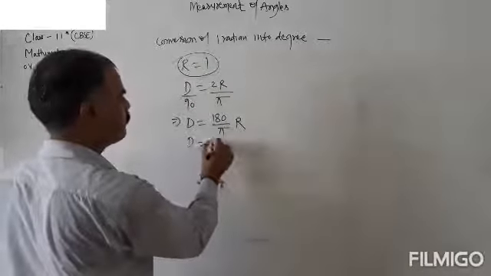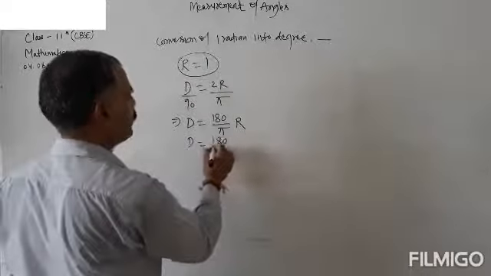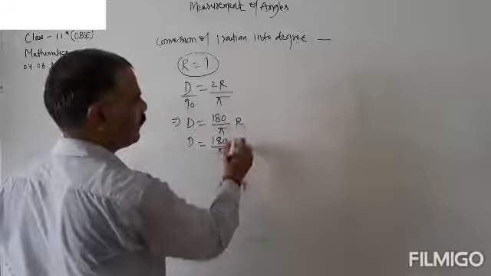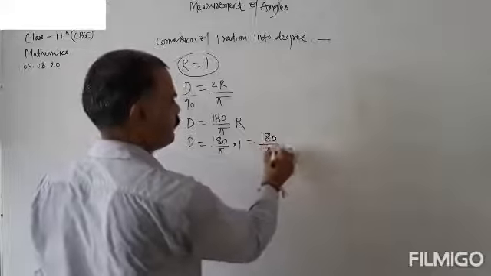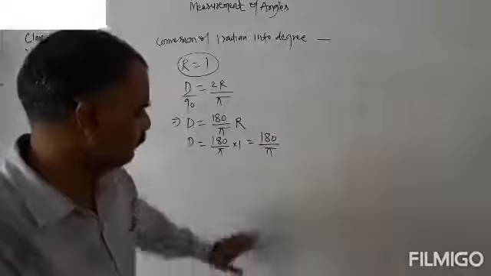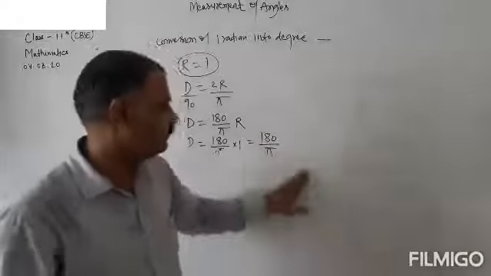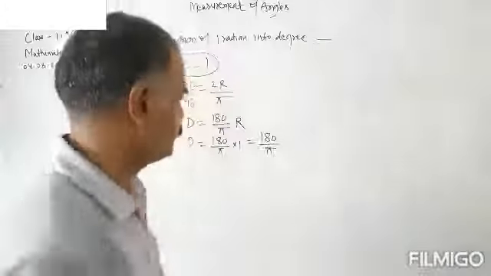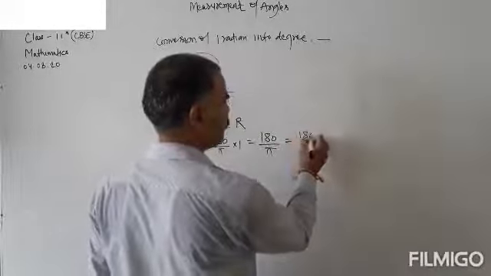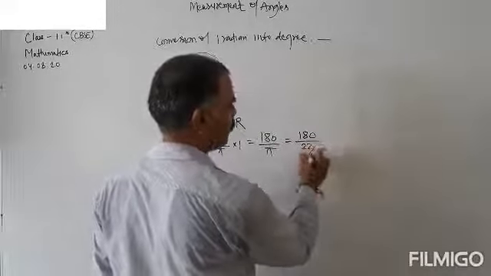So D is equal to 180 upon pi into R, means 1. So D is equal to 180 upon pi. Now we know pi is equal to 22 by 7, so 180 upon 22 upon 7.